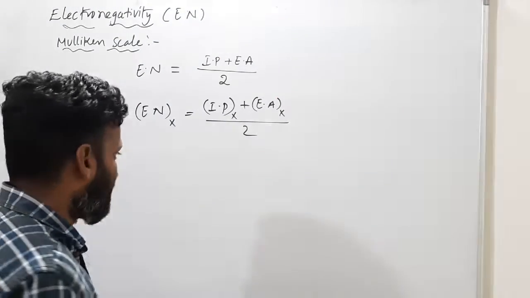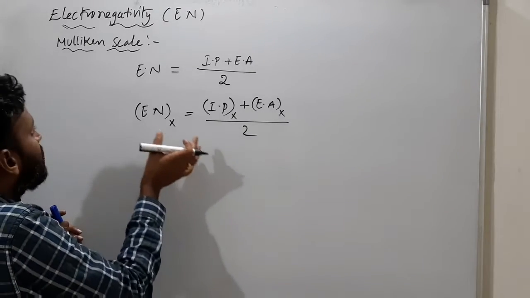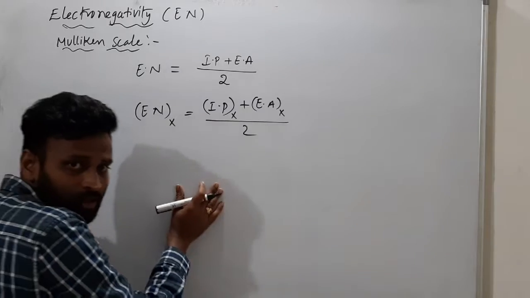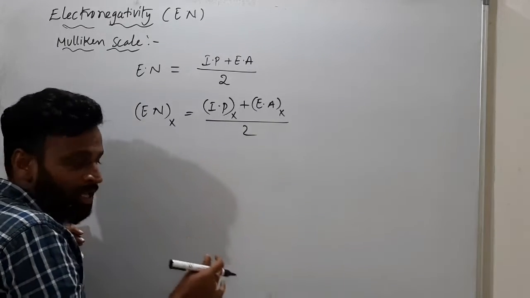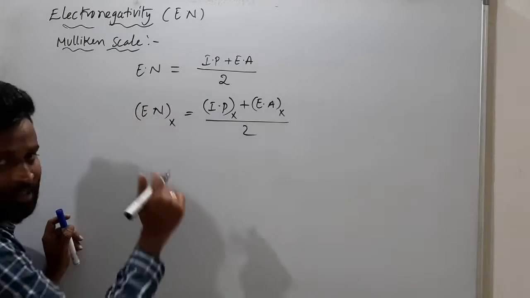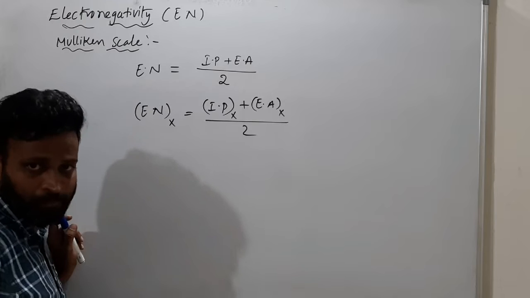Got it? But later on, comparing experimentally the Mulliken scale electronegativities and Pauling scale electronegativities, after calculation people came to know that these Mulliken scale electronegativity values are 2.8 times greater.